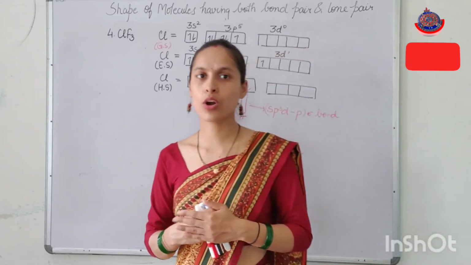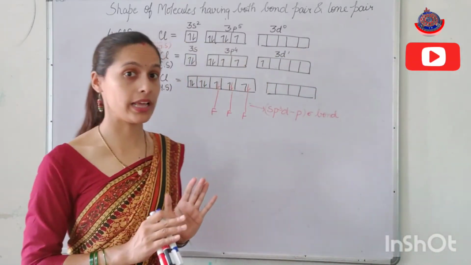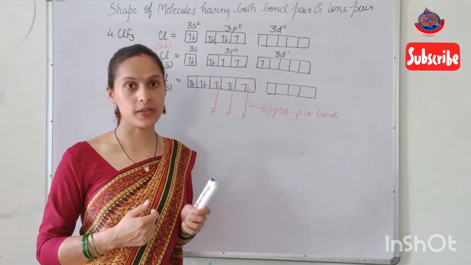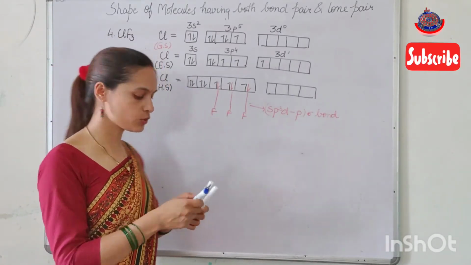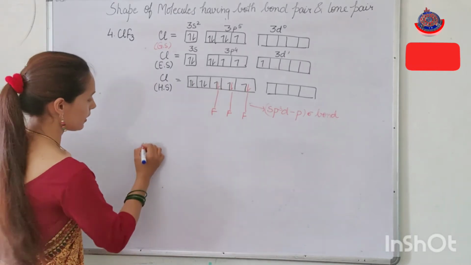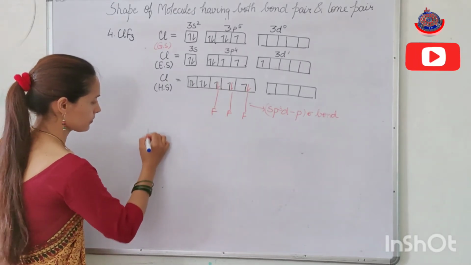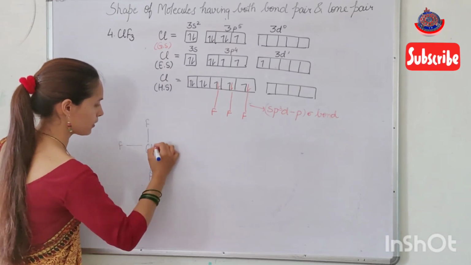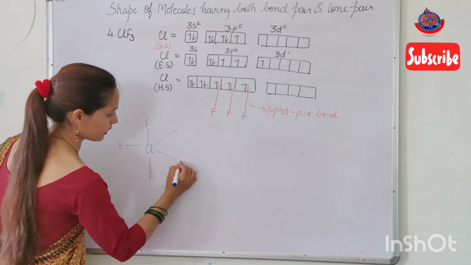Due to the difference in bond angle, there is a difference in bond length. Now if I talk about the position of these two lone pairs, here Cl, F, F, F, one lone pair, another lone pair.